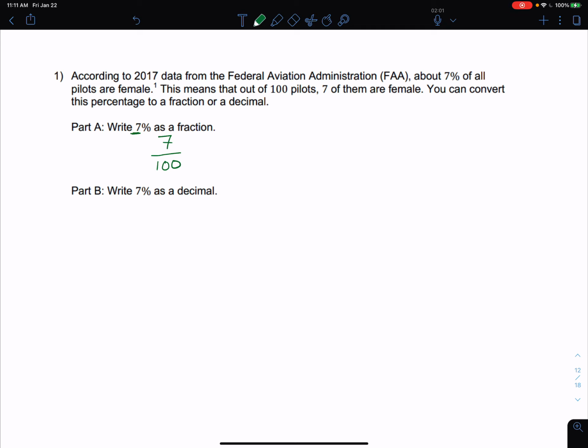If we look at Part B, they ask us to write 7% as a decimal. So there's a couple ways to think through this. If you think about the fraction that we just wrote, the 7 over 100, we know that a fraction bar really means division. So I could write that 7/100ths as 7 divided by 100.